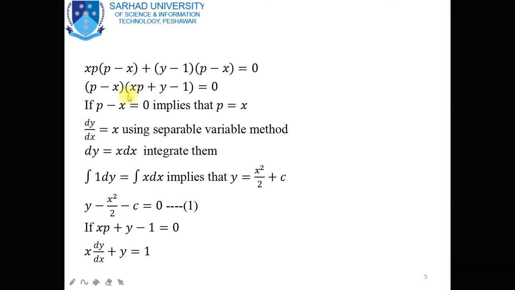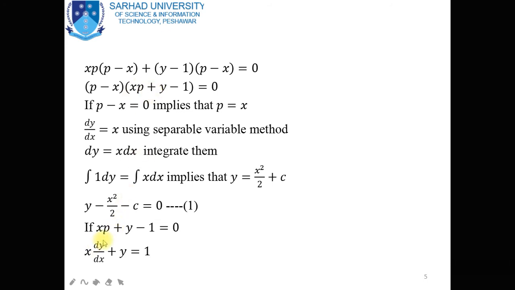So it is not necessary that a non-linear differential equation will be converted to a linear differential equation after factorization. Sometimes we get a linear differential equation as a factor. So there are two factors, and this factor is actually a linear factor.